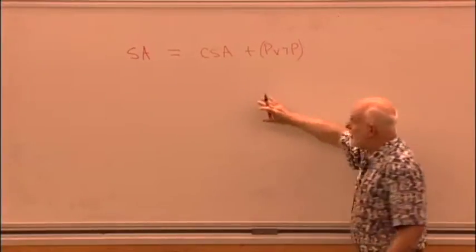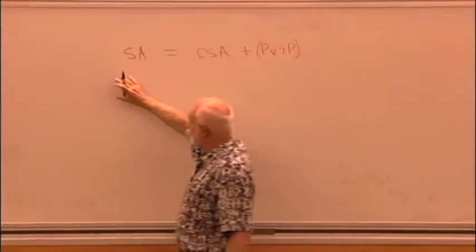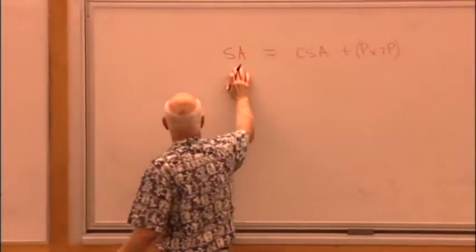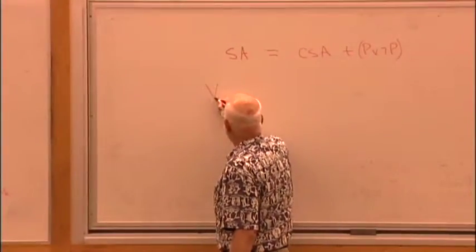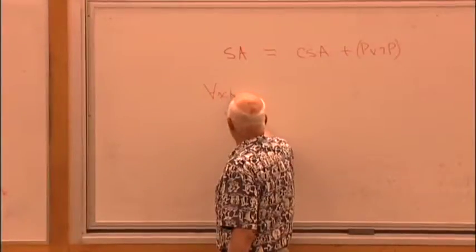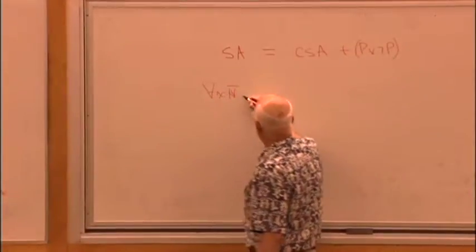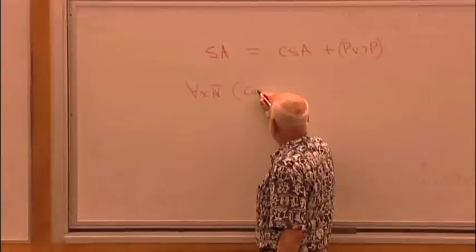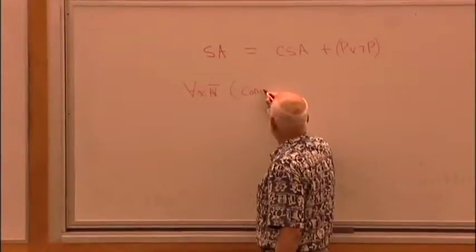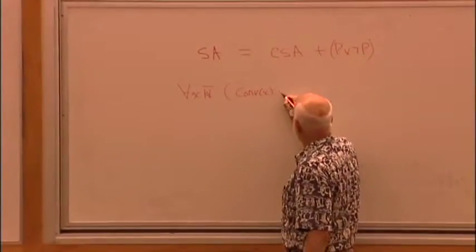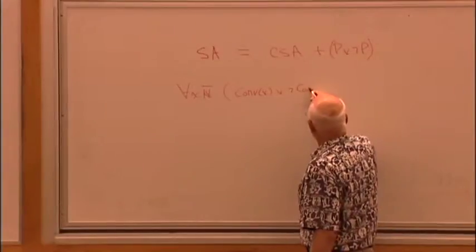I thought we were going to get the Gödel theorem because over here we seem to have a very simple formula: for all n bar, either you converge or you don't converge.